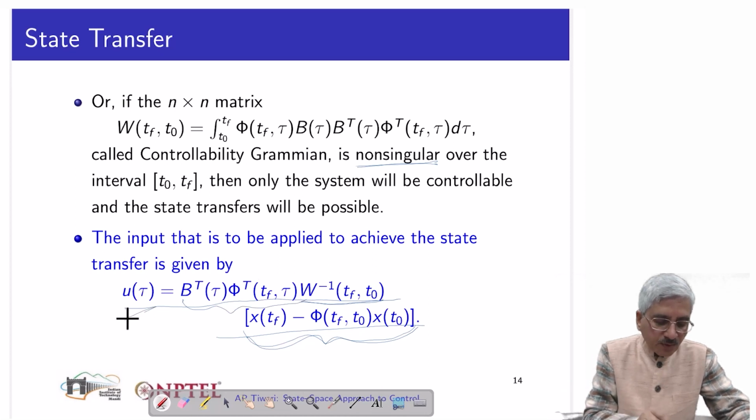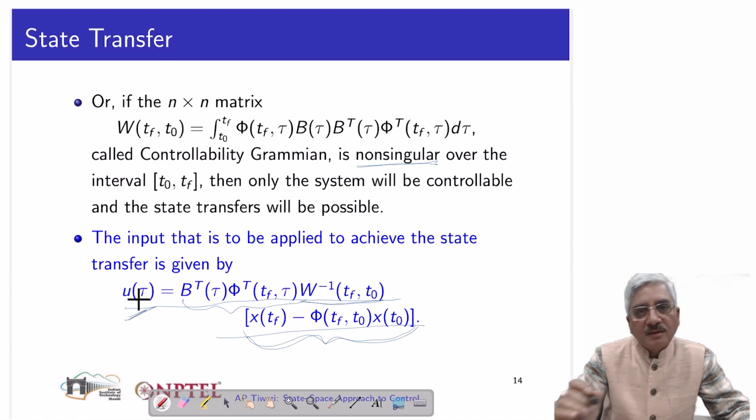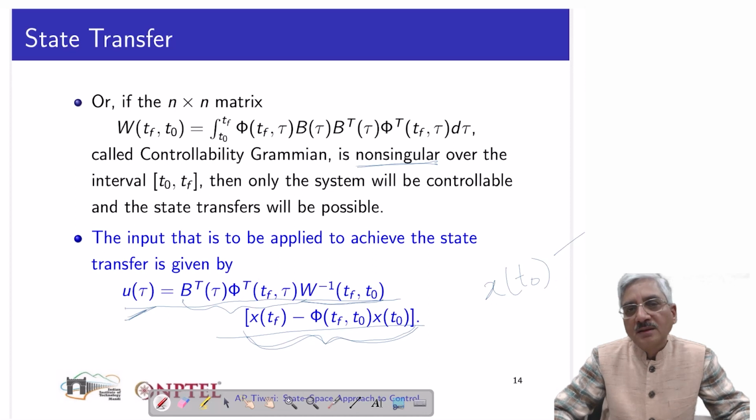So this input, if applied, will achieve the required state transfer from x(t0) to x(tf), the point in state space x0 to the coordinate in state space x(tf). That state transfer will be possible.